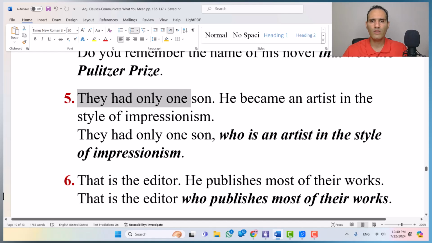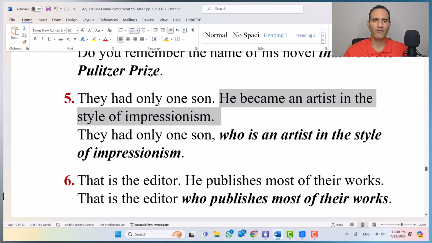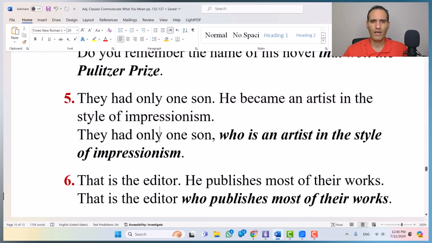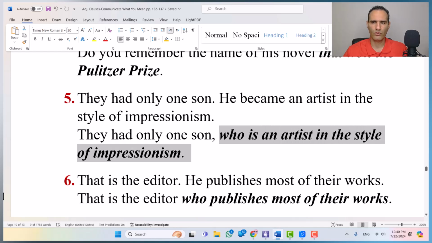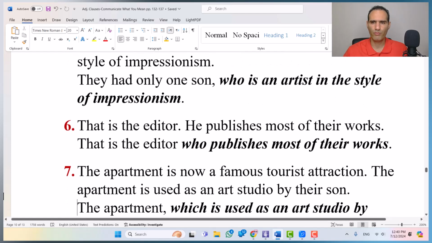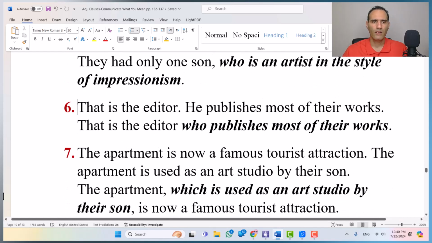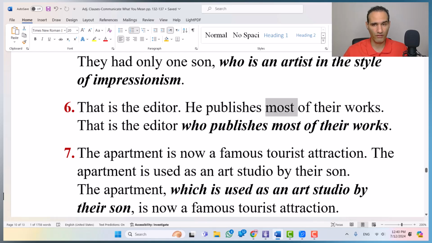They had only one son. It's a clue. He became an artist in the style of Impressionism. They had only one son, so unnecessary adjective clause. Who is an artist in the style of Impressionism, or who became an artist? That is the editor. He publishes most of their work. Not all of their work.